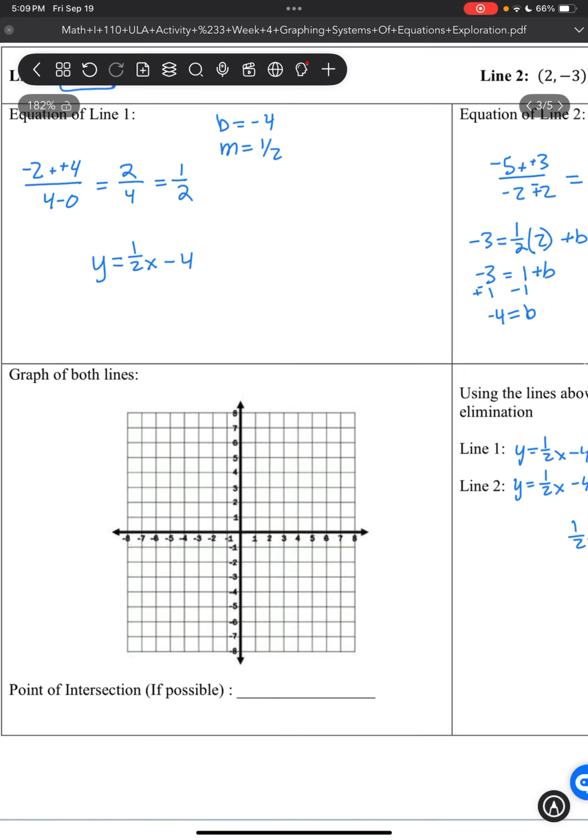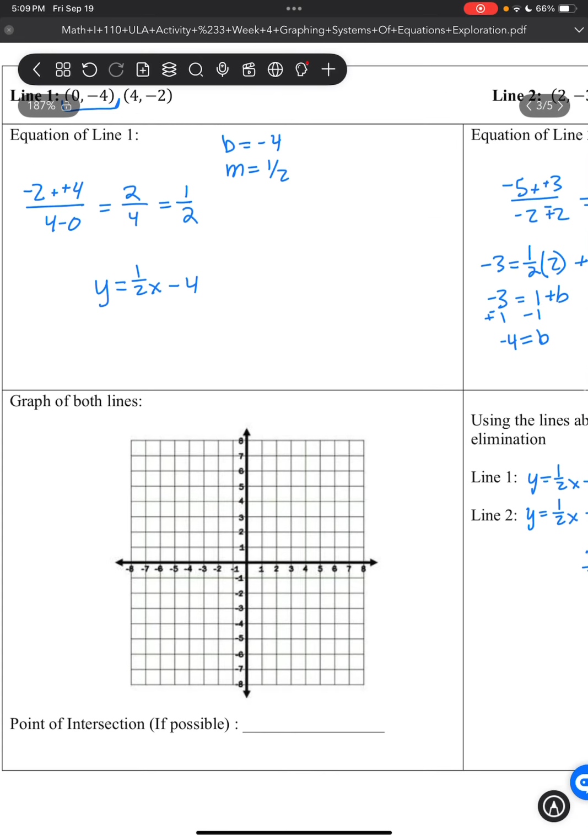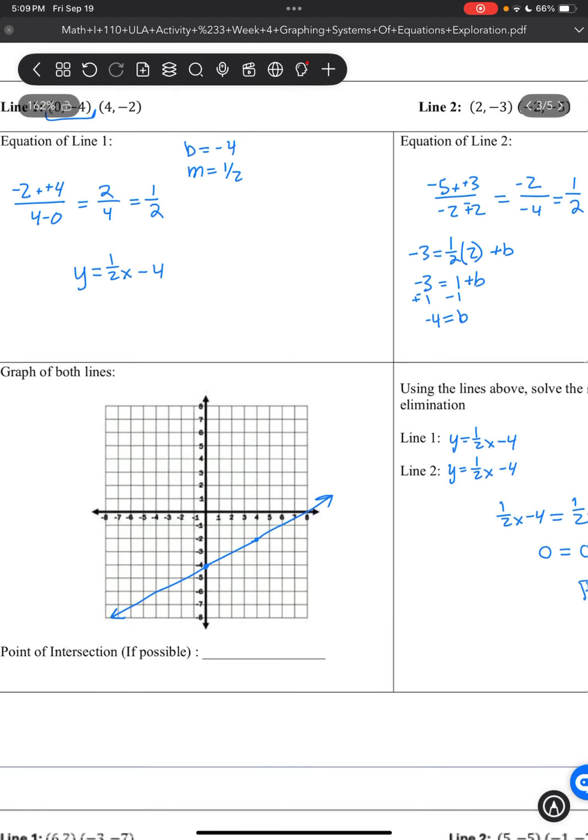So let's graph our lines real quick, or line, really. We have 0, -4, and we have 4, -2. Connecting those two points and then extending it. If it's not straight, that's okay.